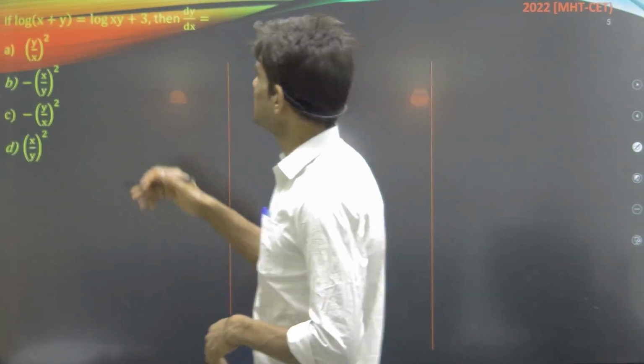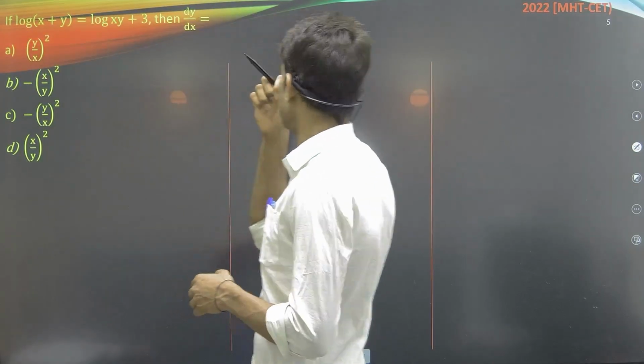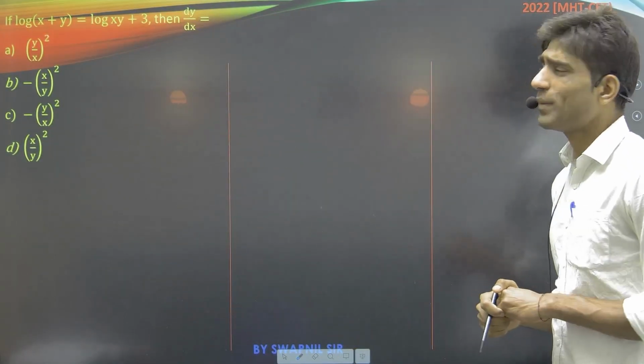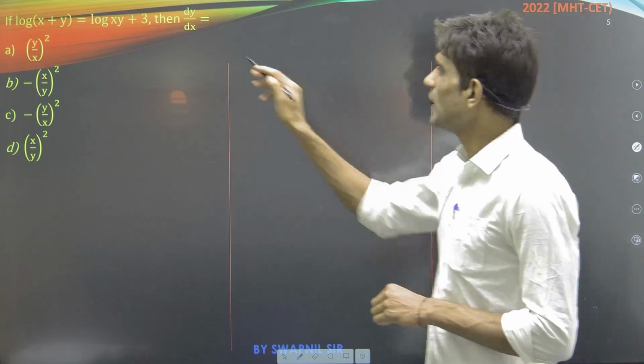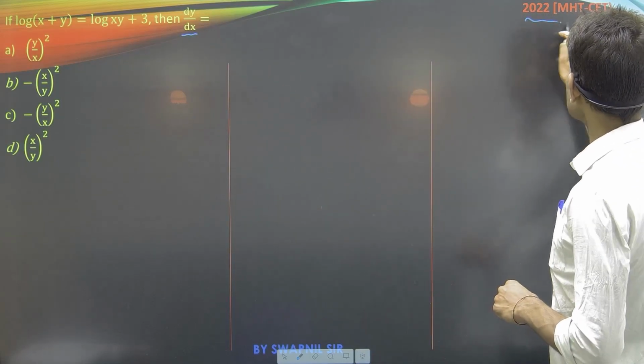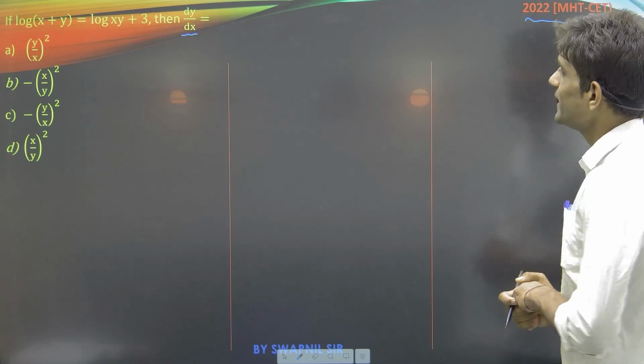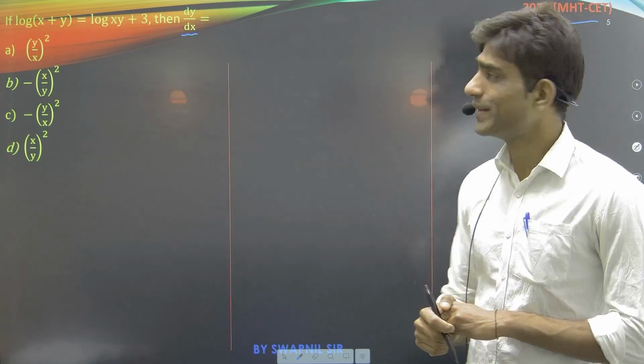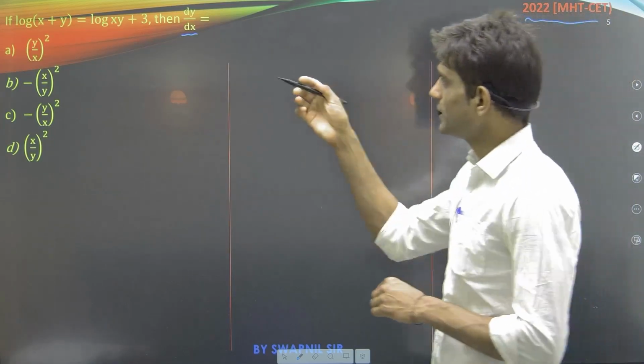In our next question, we are given log of x plus y equals log of xy plus 3, and we want the value of dy by dx. This question was asked in the MHT-CET 2022 previous year question paper. Let me write the question first.